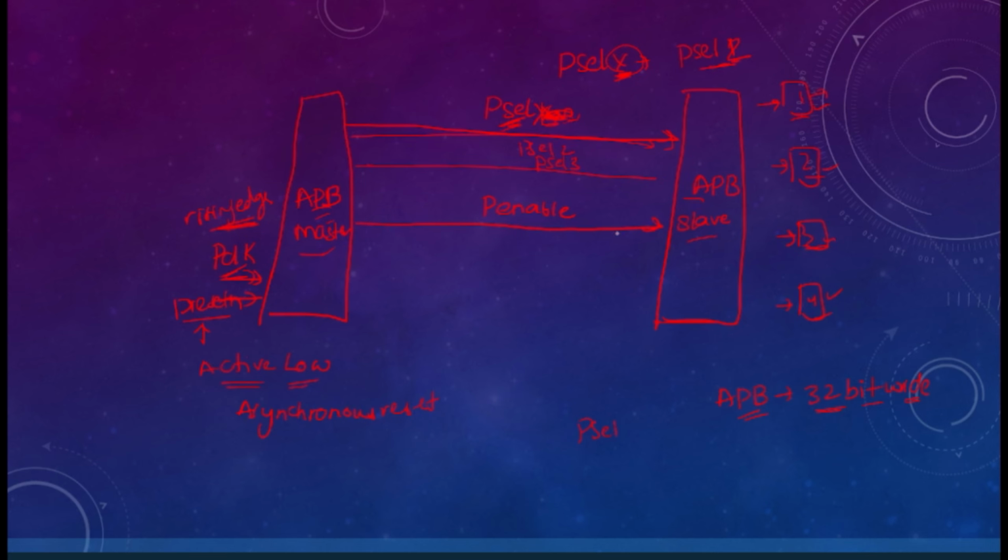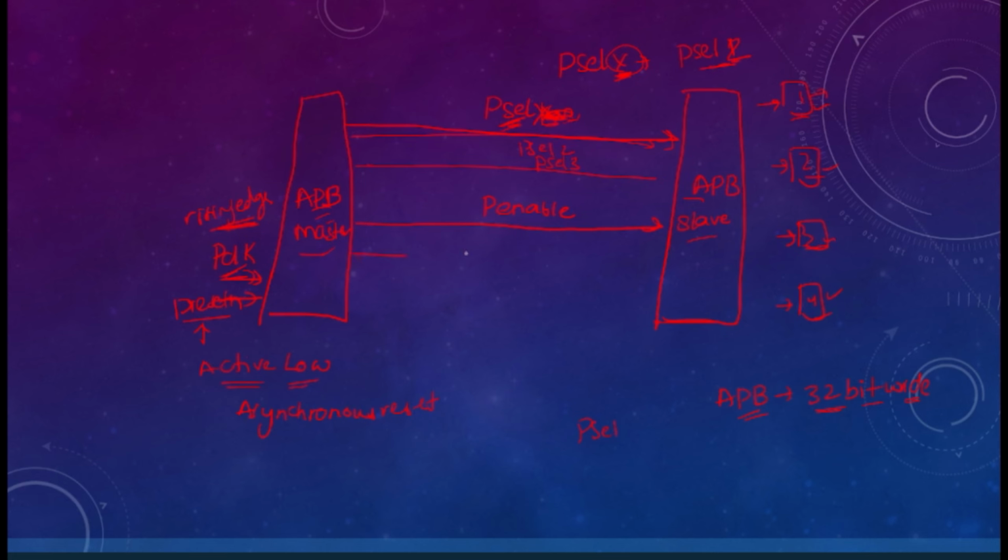In order to do these read and write transfers, the slave has to be enabled, that means it has to be ready to receive. Whether it is ready to take the data or send the data will be checked by using this p enable signal. So basically p enable is for that action, and this p enable is also single bit wide.